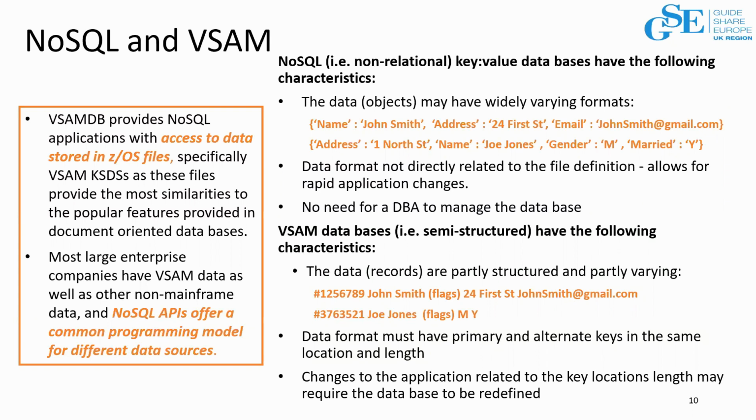If you change the key location or the key length, you may be required to redefine your data structures. So VSAM is semi-structured, and most of what you'll see on the next chart, what we had to change to match JSON and VSAM, is really about removing some of the things that make it semi-structured.